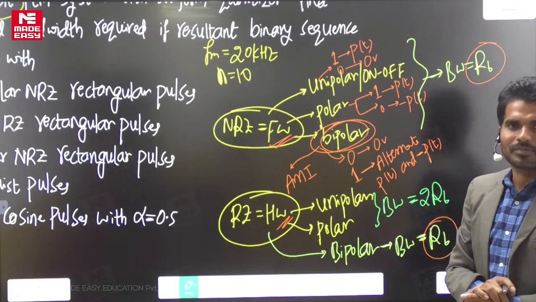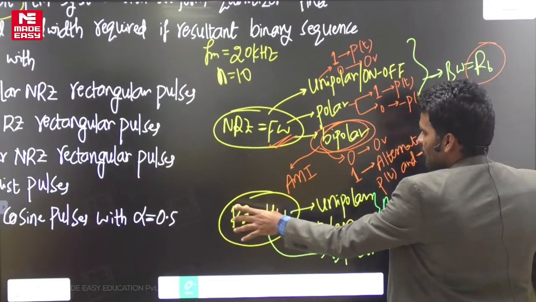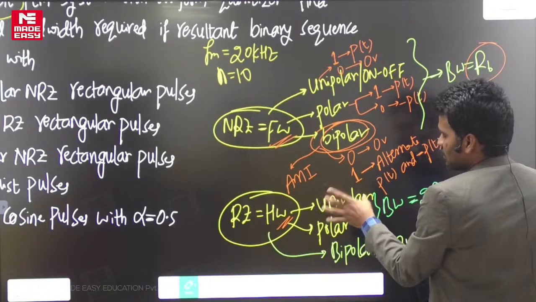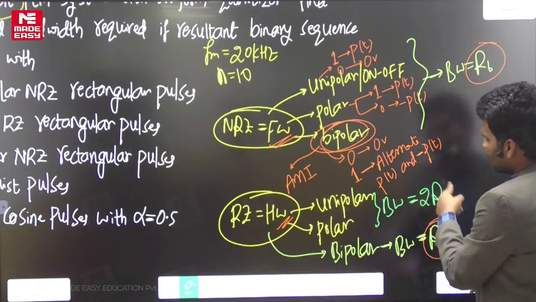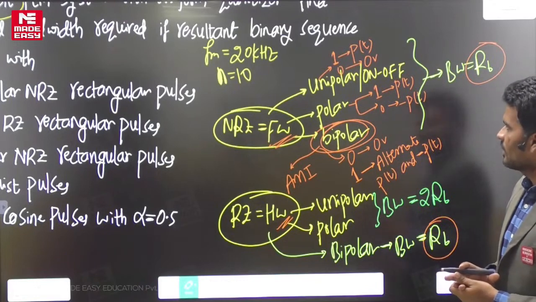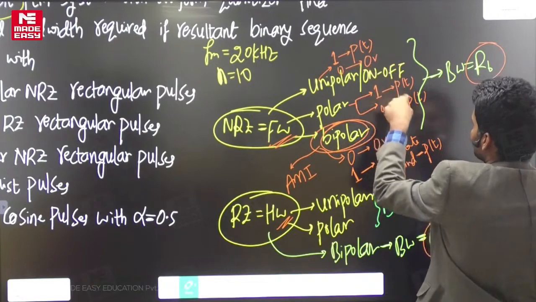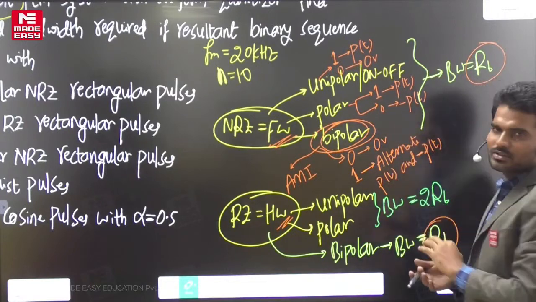And in the case of half width pulses with unipolar or polar, the bandwidth is given by 2 RB. So these formulas you have to take care of. And these pulses are of course rectangular pulses here. This PT is a rectangular pulse and this minus PT is also a rectangular pulse.